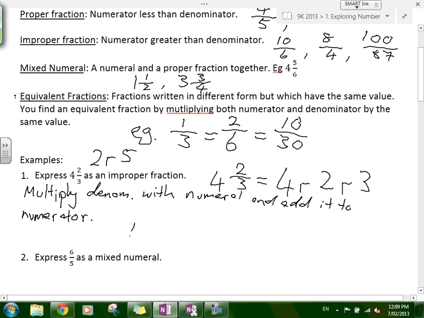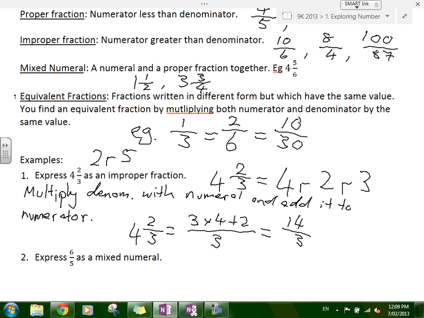Alright, so what we get is 4 and 2/3 is equal to the denominator times the numeral, 3 times 4, and you add it to the numerator, over 3. And that is equal to 14 over 3. Right? So you multiply, you add the 2 to the numerator, and you get 14 over 3. If you want to check it with a calculator, do that. Okay, so that's the first one.